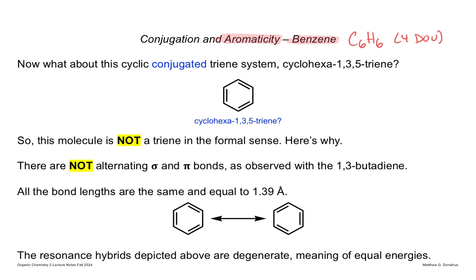We're going to tie it into a ring. To a first approximation, we could say this molecule shown as cyclohexane-1,3,5-triene.